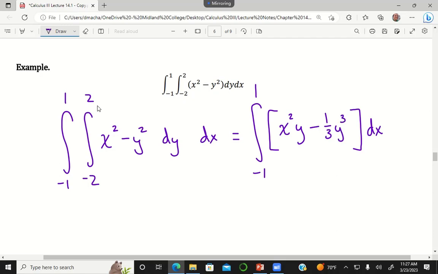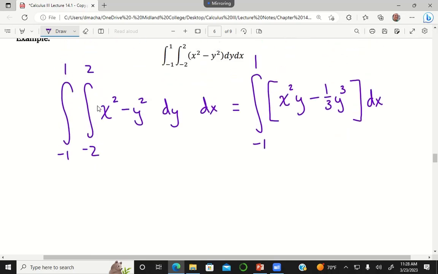Yeah, so, George, in case you missed it, when you take the antiderivative for this inside integral, the one with respect to y, we pretend that the x is a constant, and then we only take antiderivatives of y. Just like a partial derivative, but this is kind of like a partial antiderivative in a way. So then we're going to evaluate that stuff in the middle, where y can be -2 and 2.